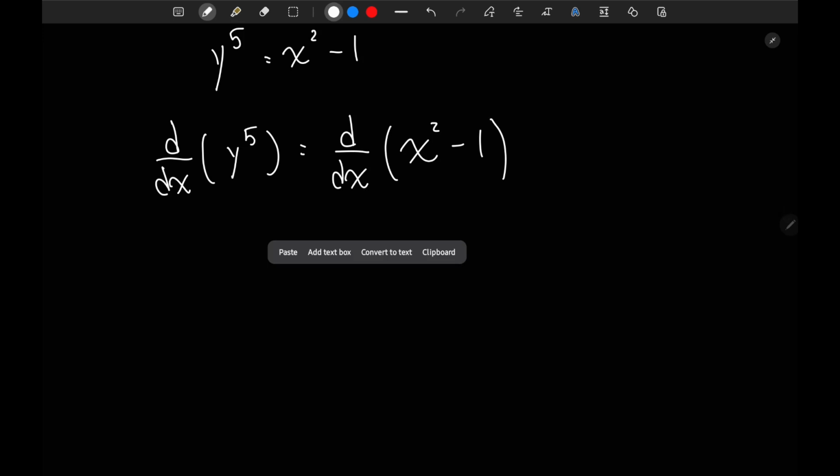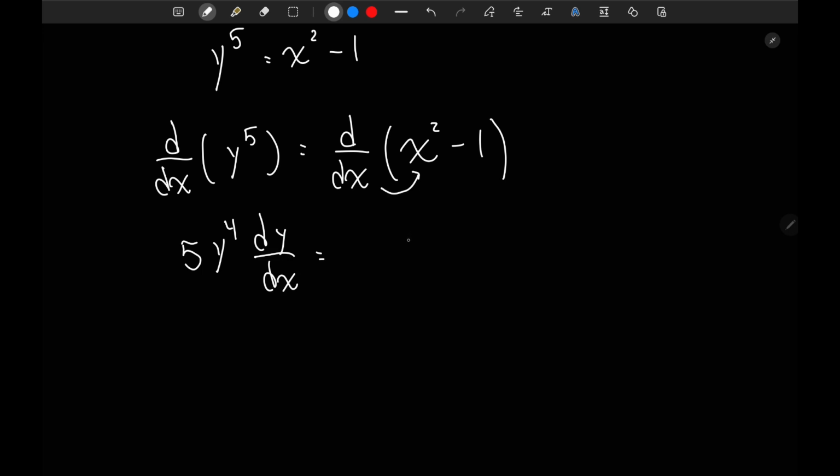So the derivative of y to the 5 using the power rule is going to be 5y to the 4, where we took the derivative of y with respect to x. Then on the right side, the derivative of x squared with respect to x is going to be 2x dx/dx. And then the derivative of minus 1 is just going to be 0 as it's a constant.